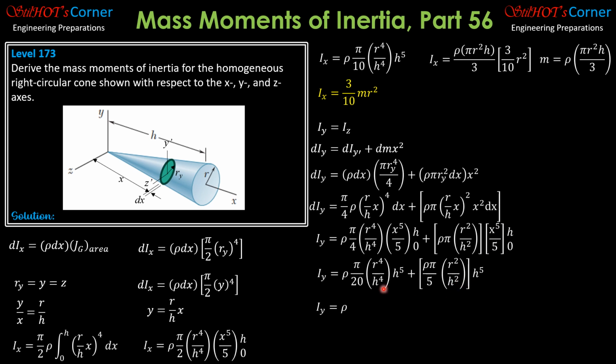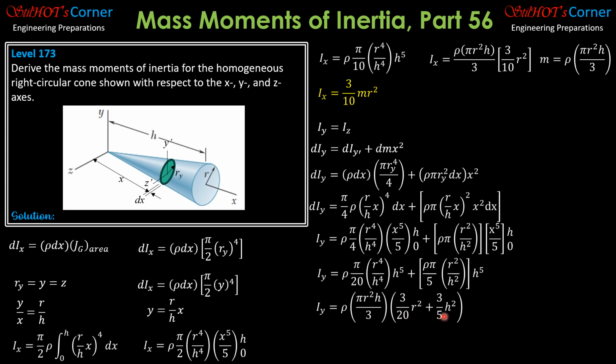Then Iy equals density pi r square h over 3. This is the volume of the cone. Then what remains in the first term is 3/20 of r square. Then for the second part, after factoring out density pi r square h over 3, what is left is 3/5 h square.